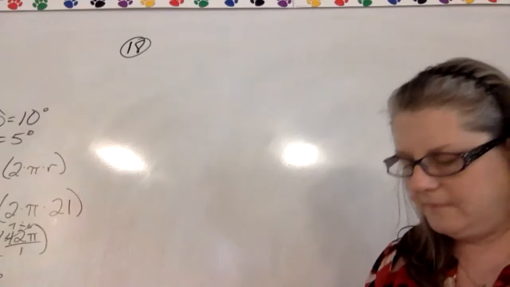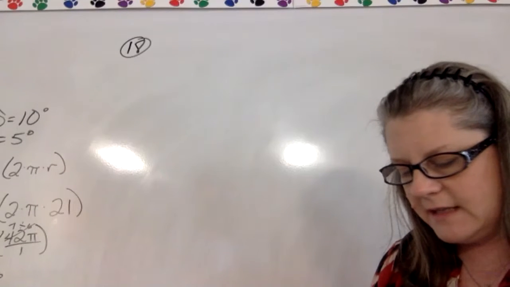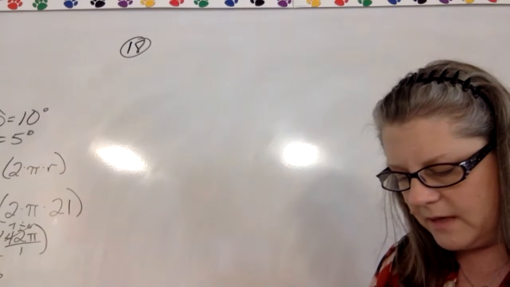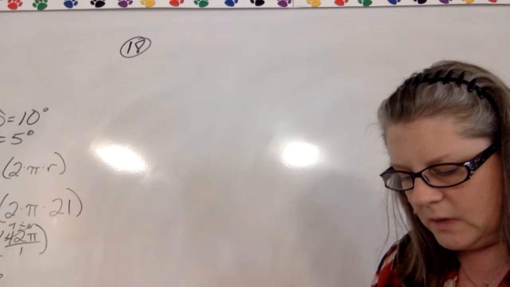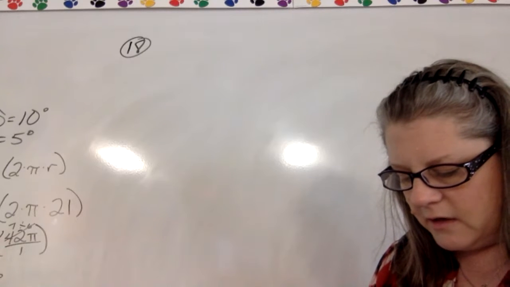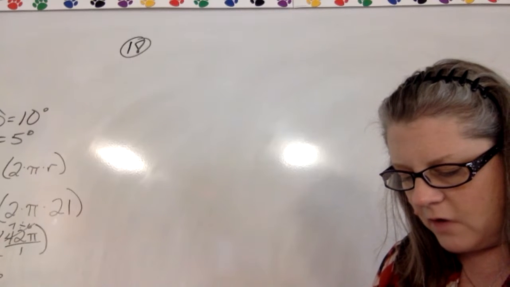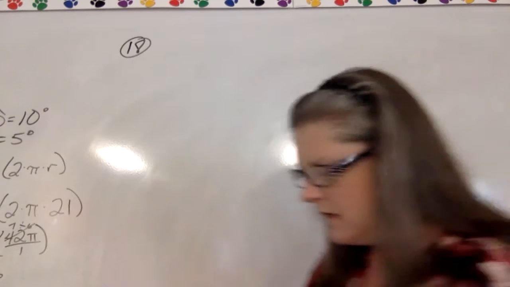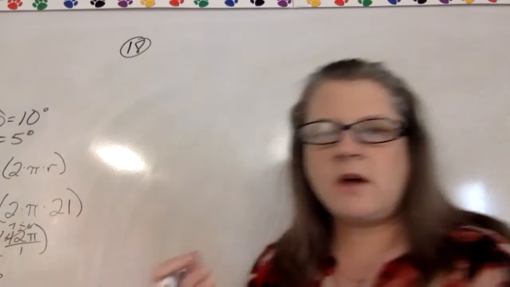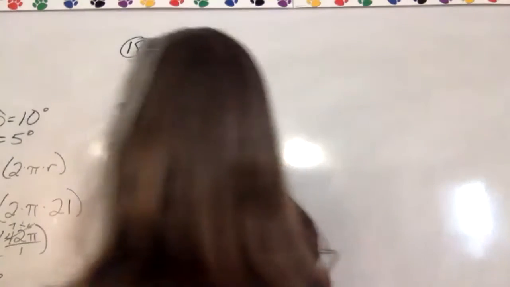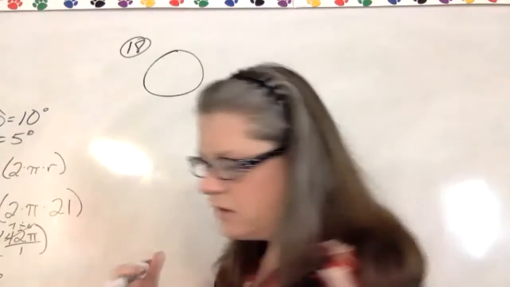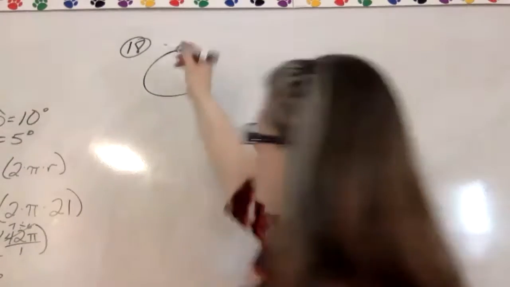Okay. 373, number 18. So on number 18, it says if the measure of angle LOM equals 82 degrees, find the measure of arc MNL. So this is what I was talking about earlier. You have to look at the picture, and I'm not drawing the entire picture. I'm just doing part of it up here.